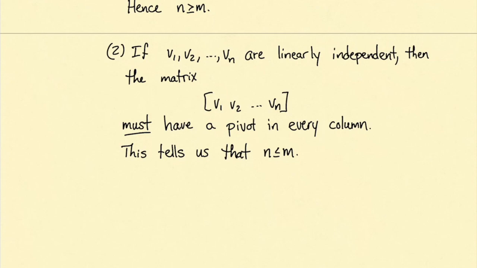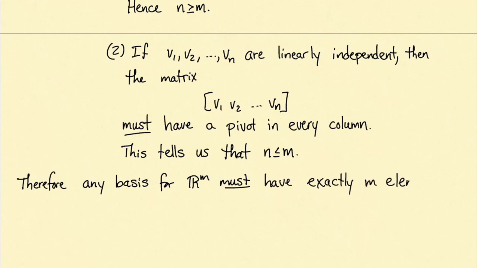Now, we've seen by observations 1 and 2 that n is an integer which is at least as large as m, but no larger than m. This tells us that n must in fact be equal to m. This tells us that any basis for Rm must have exactly m elements.